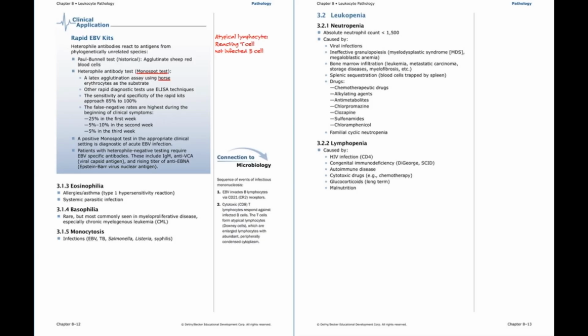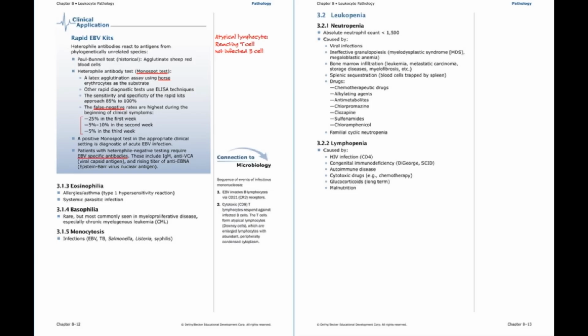You can see, however, the problem with the monospot test. It tends to have significant false negatives early in the infection, as much as 25% in the first week. Overall, the everyday number is about 10% false negative. If you are clinically highly suspicious of EBV infection and your monospot is negative, then you're really going to have to do Epstein-Barr virus specific antibodies.